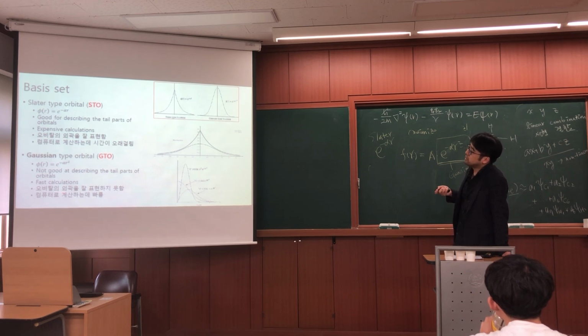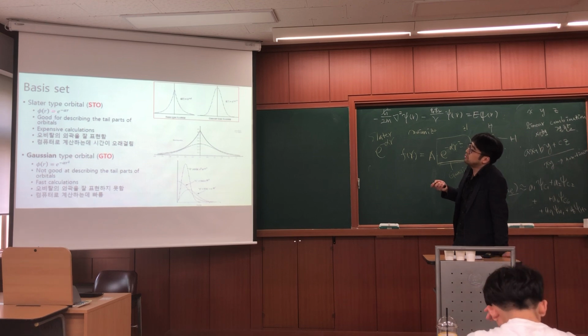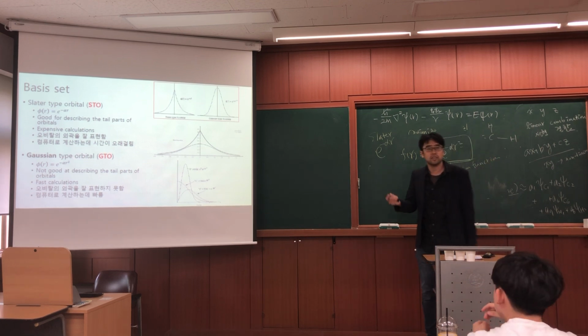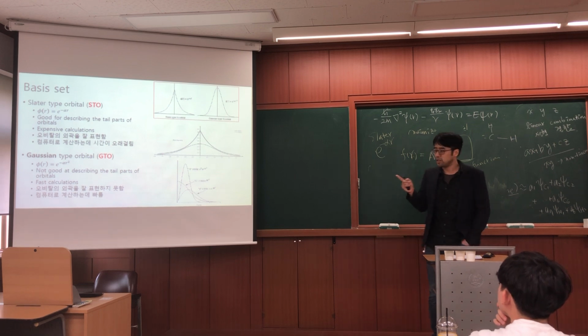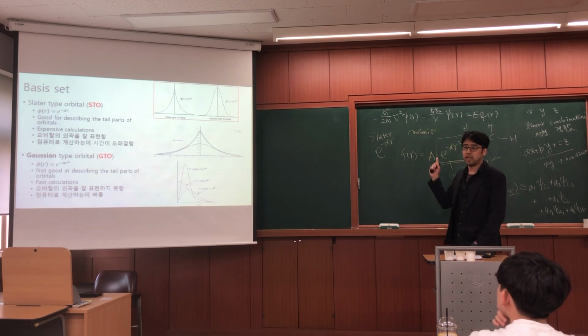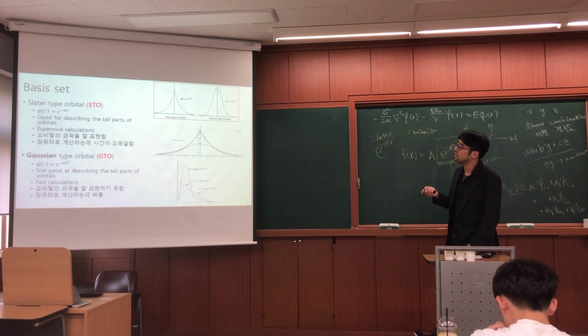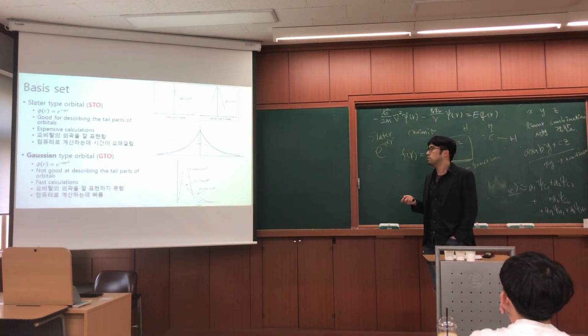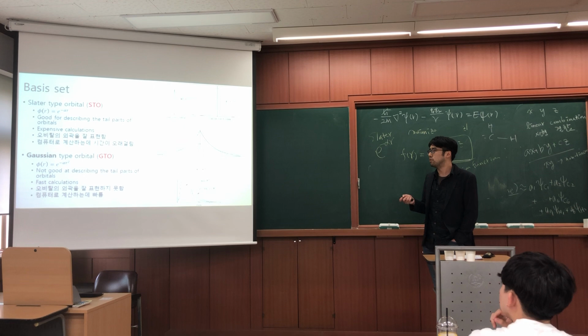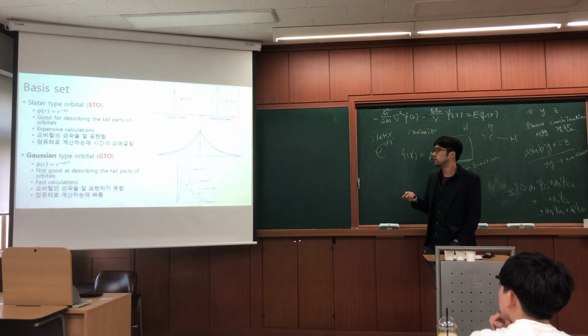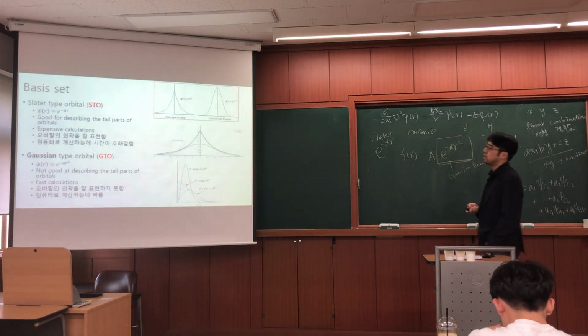But for Gaussian type orbitals, I also don't know why, but these calculations are faster than doing this calculation using computers. In order to understand why, maybe we should ask Intel, but I don't know. Anyway, calculating this function is much faster than calculating this function using computer. So these days, people mostly use Gaussian type orbitals to do quantum chemistry.